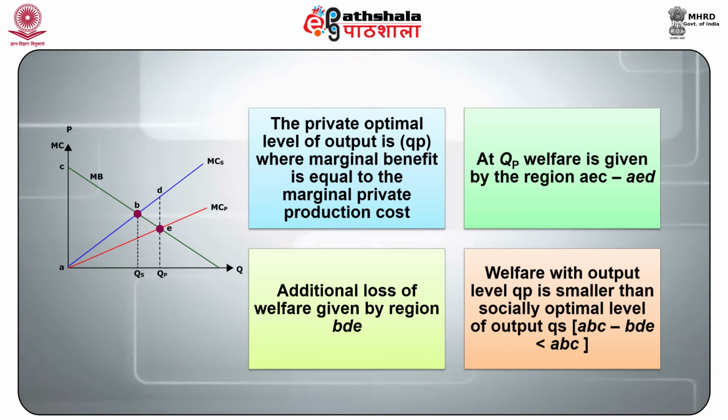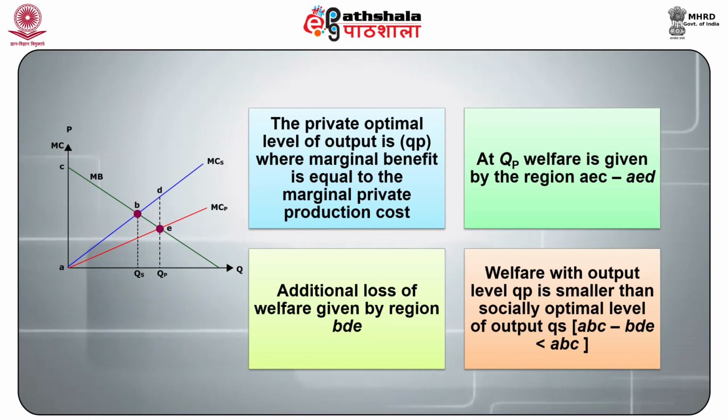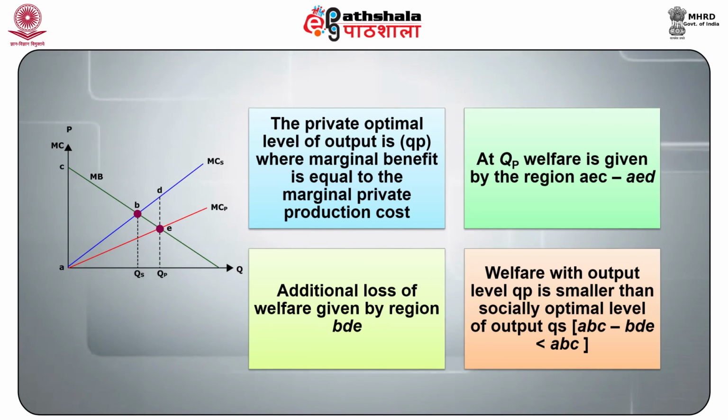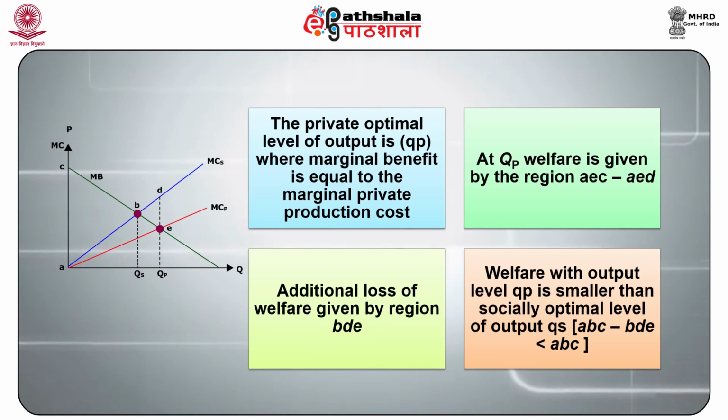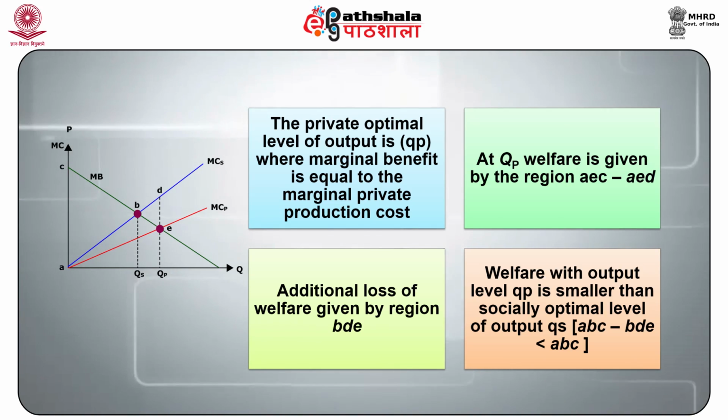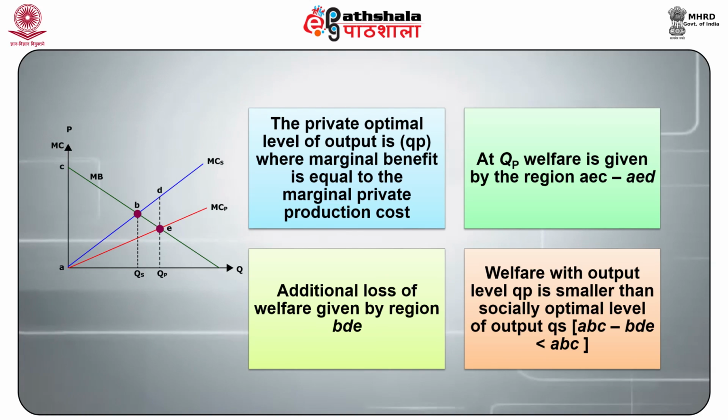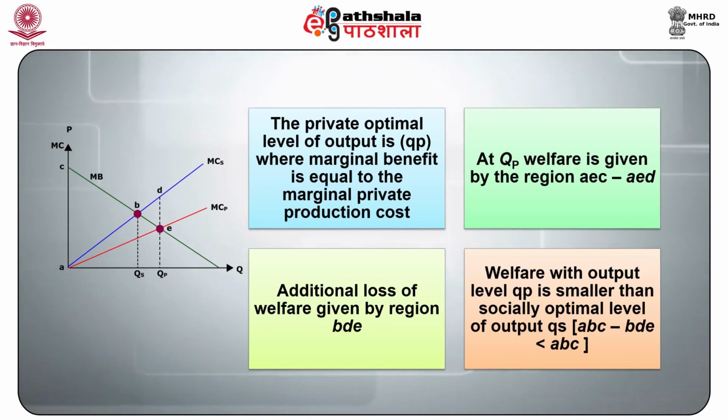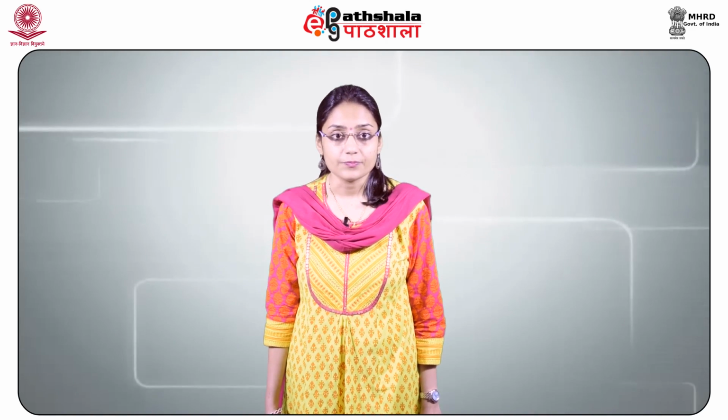Thus, we can infer that welfare with output level QP is smaller than at the socially optimal level of output QS, where ABC minus BDE is less than ABC. Efficiency loss at QP equals the region BDE.